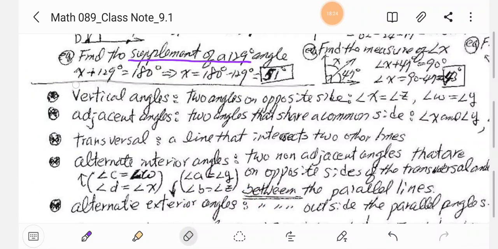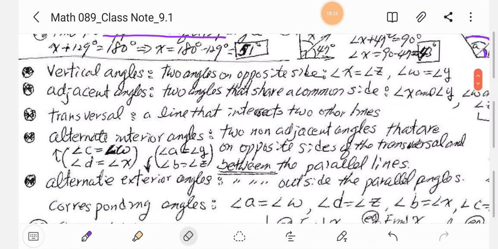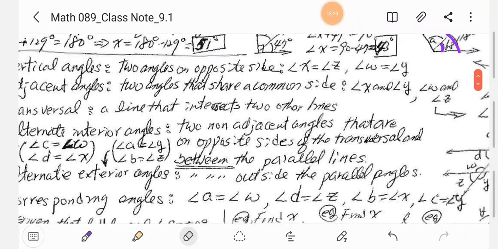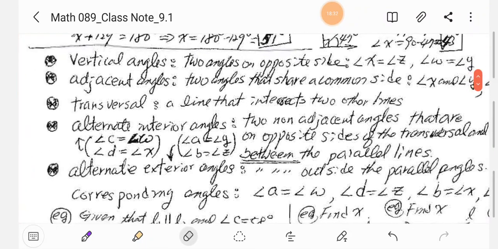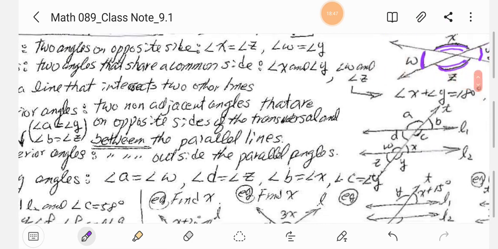All right, adjacent angles. We already did this one. Adjacent angles are the angles next to each other. Okay, transversal. Let's say you have two lines like this, and a transversal is a line crossing these two lines. We call this a transversal.